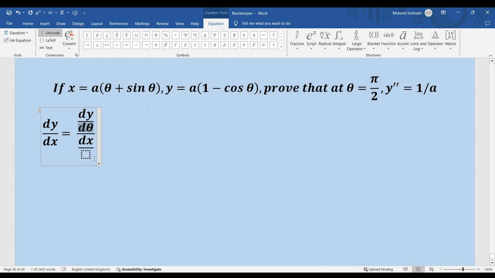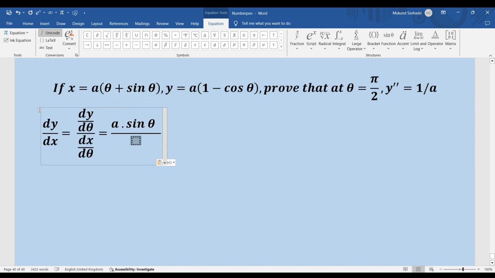So I have dy by d theta divided by dx by d theta. So what is my dy by d theta? I don't think we have a very complex expression, so let me work it out directly. A times dy by d theta is nothing but 1 minus cos theta. So my 1 is on the 0, and then my d by d theta of cos theta is minus sine theta, and therefore I have a minus into minus, therefore my numerator will be a times sine theta, right?